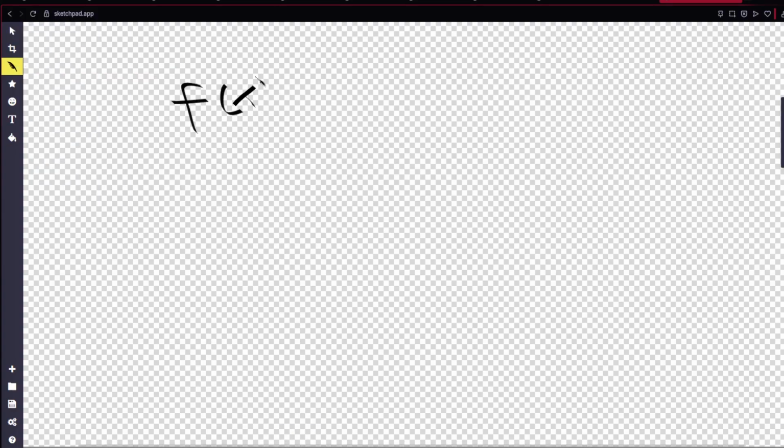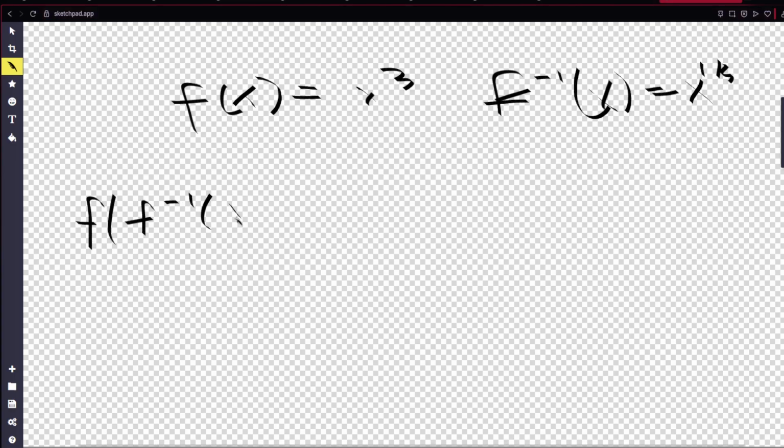Let's say f of x is equal to x cubed, and we're not going to learn about this right now. We're going to learn about this in a few minutes, but we know that the inverse is x to the 1/3 using some simple algebra. We'll get to it later. So remember, f negative 1 of f of x must equal x, and likewise f of f negative 1 of x must equal x.